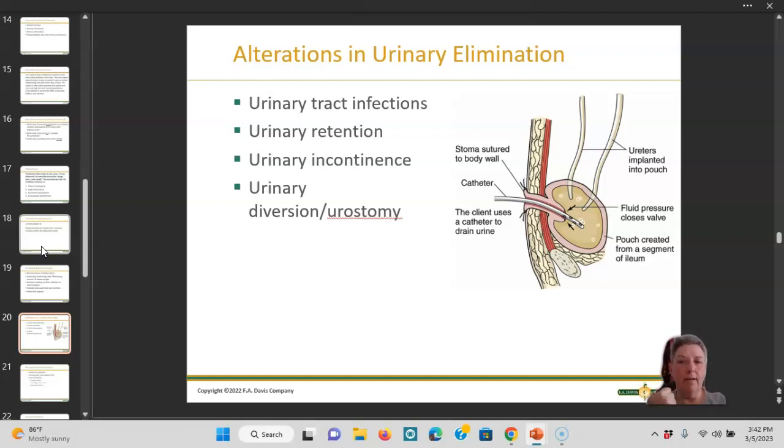Wipe front to back, cotton underwear, don't go more than a couple hours without going to pee, drinking lots of fluids to push through the tract. The more they drink, the more they pee, right? You should be able to come up with 4 or 5 different things.